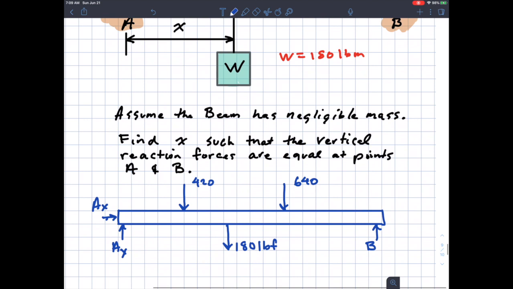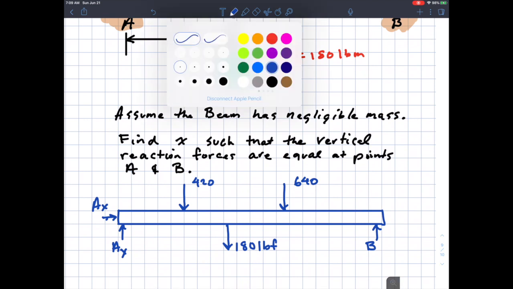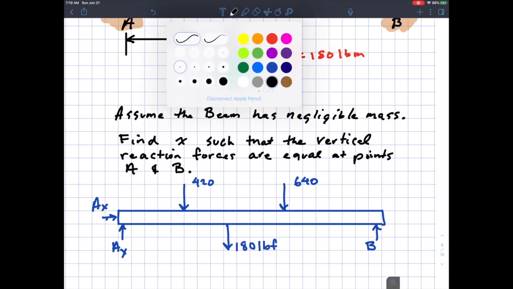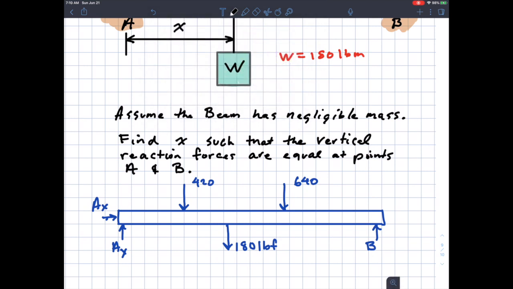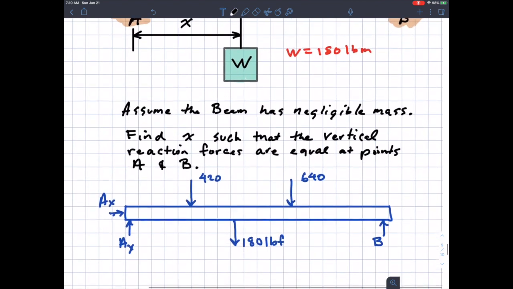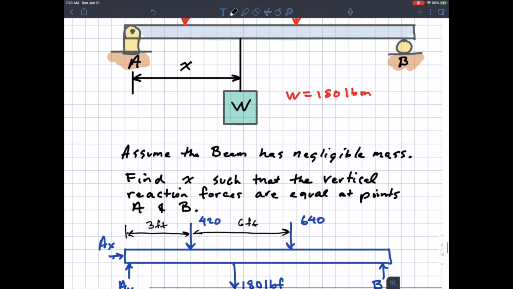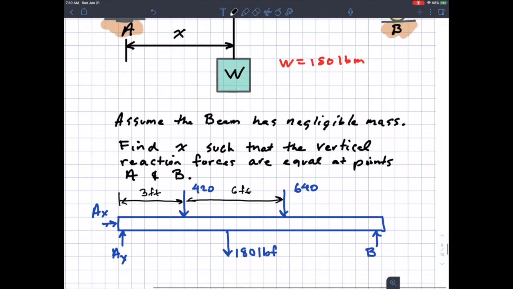And now we put in some of our dimensions. I'm going to put that in black, with a thinner line. So our dimensions here, we have 3 feet, 6 feet, and then I think to the end of the beam is also 6 feet.